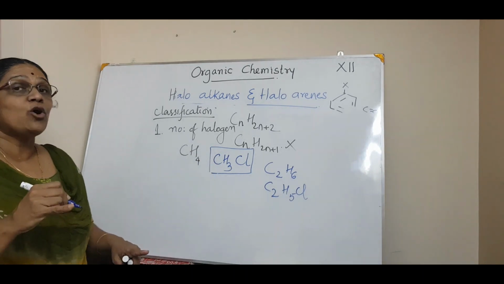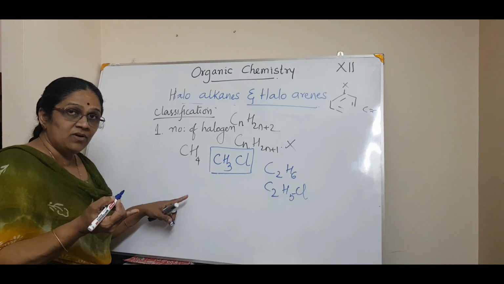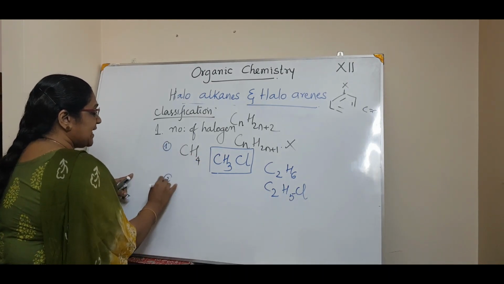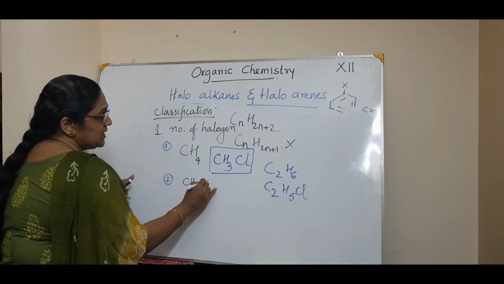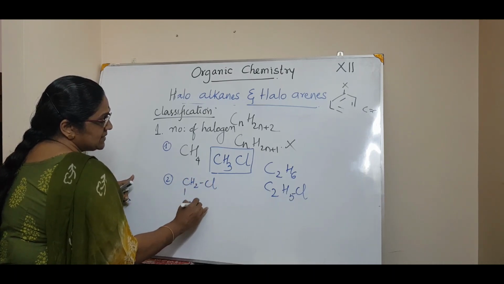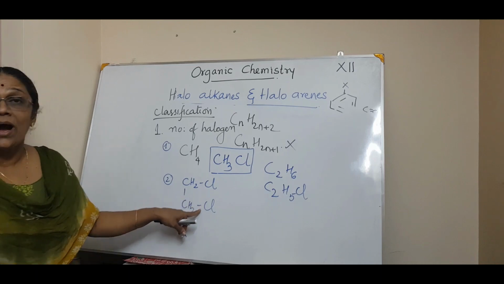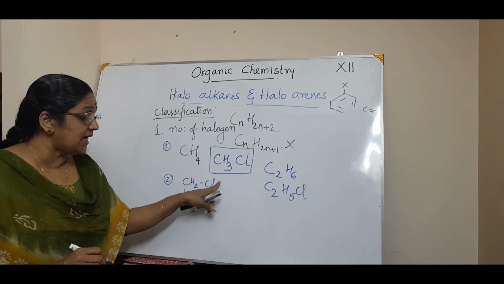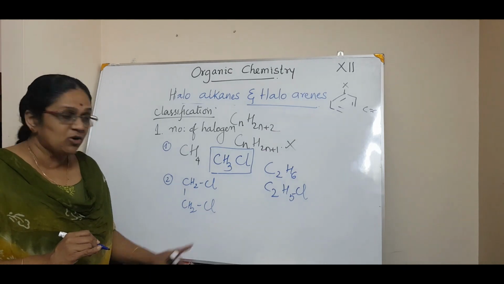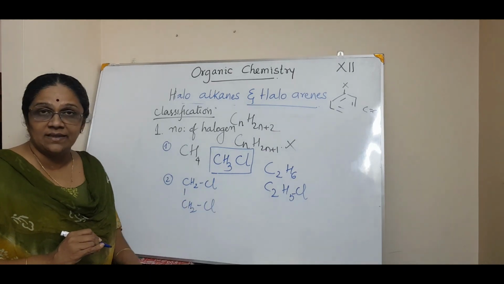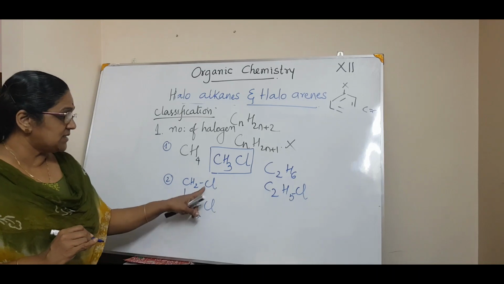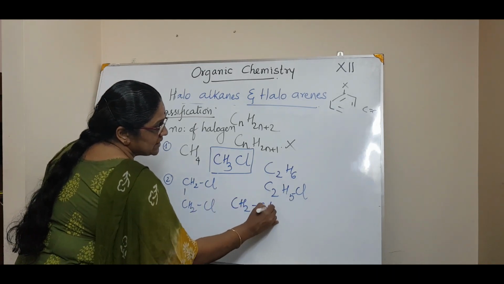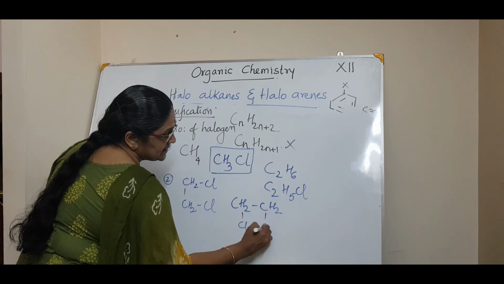Now if you want a dihalogen derivative, how will you write it? For example, CH2Cl, CH2Cl. There are two halogen atoms, so we can say it is a dihalogen derivative. The compound is CH2Cl-CH2Cl.